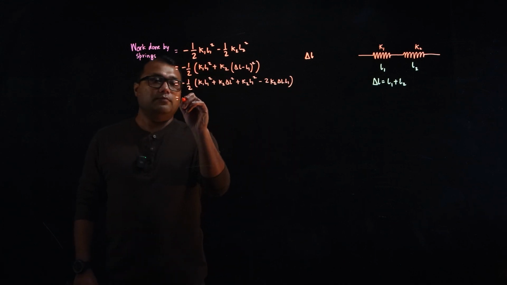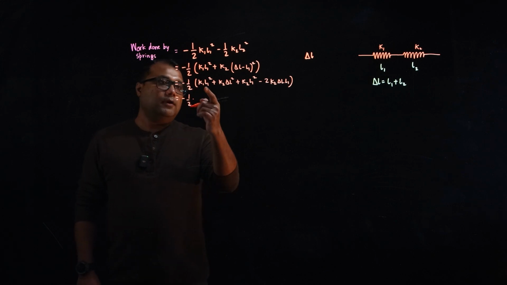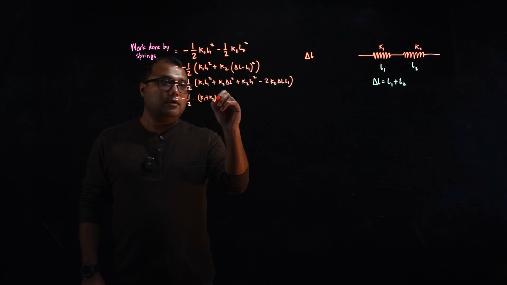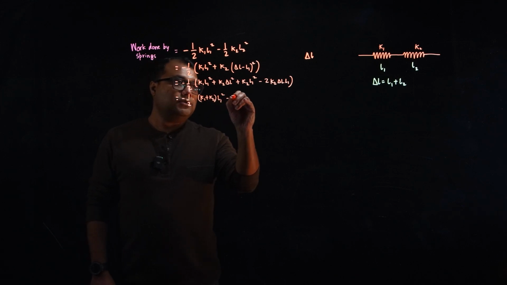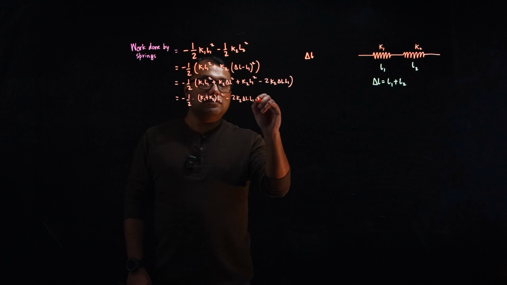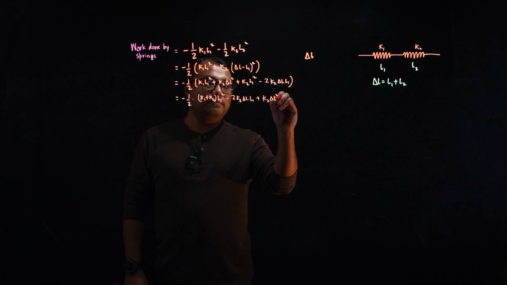Okay, we can further write this as minus half K1 plus K2 L1 square minus 2 K2 delta L times L1 plus K2 delta L square.